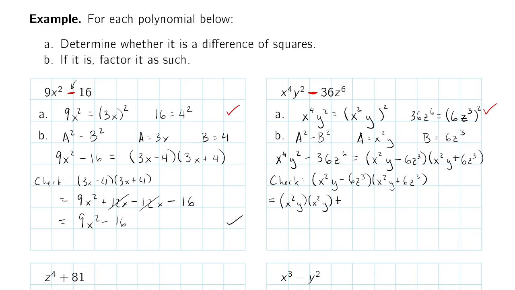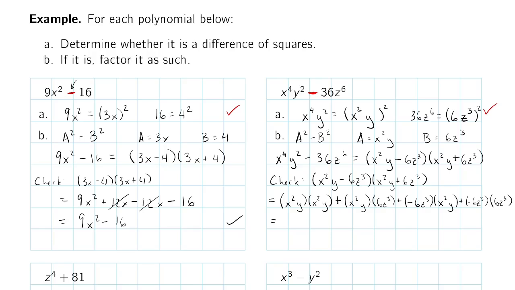Outer terms, we'll have x squared y times 6z to the third. Inner terms, we'll have negative 6z to the third times x squared y. And then last terms, we'll have negative 6z to the third times a positive 6z to the third.